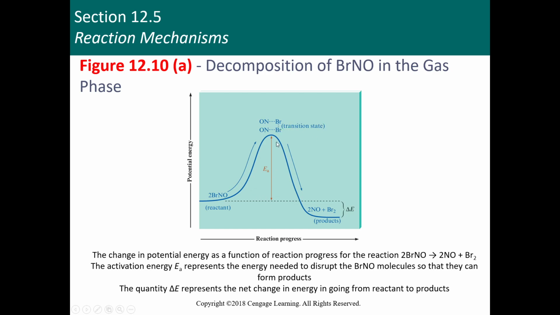And so yes, that takes energy to overcome. And that's your transition state right here. Now, once you've overcome that energy, it can then go downhill because the reaction takes place. You make Br2, which is the Br2 right here. You break this, and you have two NOs. Now, that will give you back energy.